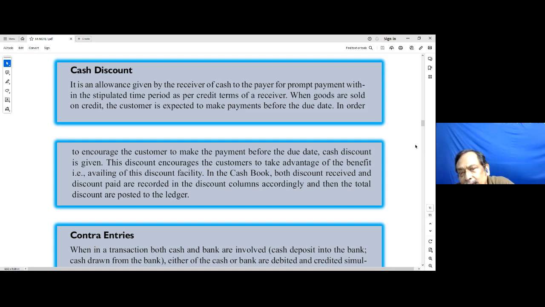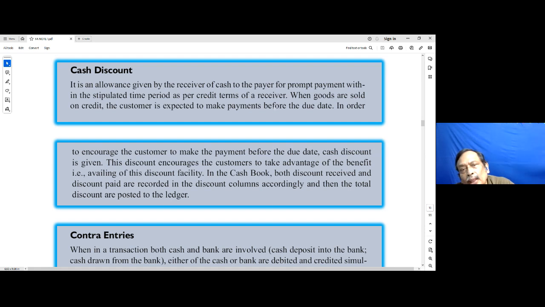The discount encourages the customers to take advantage of the benefit that is availing of the discount facility, and in the cash book, discount received and discount paid are recorded in the discount columns accordingly, and then the total discounts are posted to the ledger.